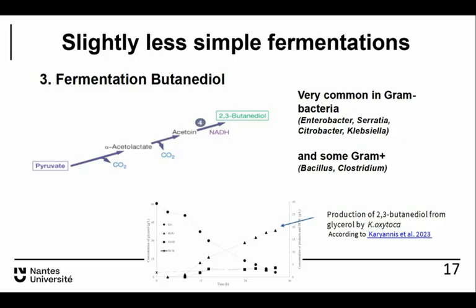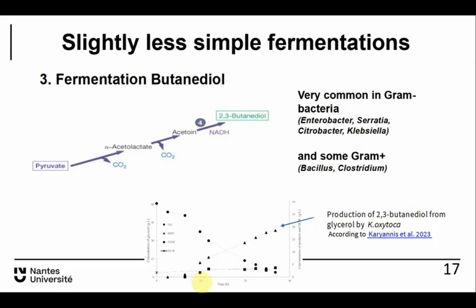So this biodiesel or agri-diesel production produces a lot of glycerol as a byproduct. So people are starting to think, well, can we use this glycerol for something? And so there are people who are trying to find the best bacteria that can ferment glycerol and produce butanediol, and work on this to get good high yields that can be exploited industrially.